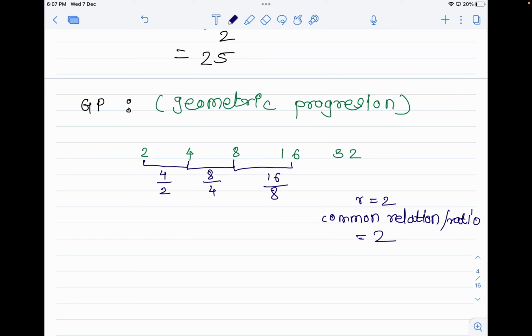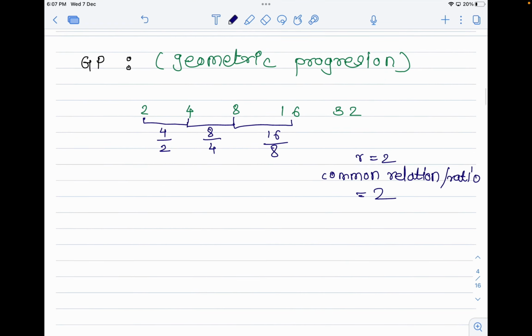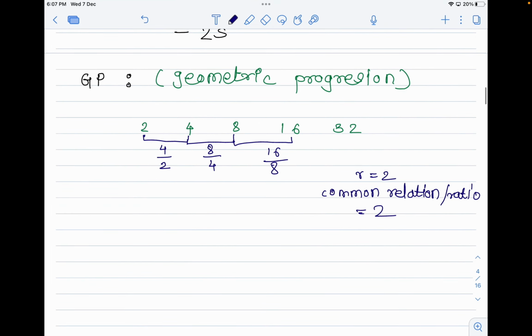And how many numbers are there? So 32, you know how it came, you understood, right? Now just tell me, how can we find the sum of these terms? We can't say there is a common difference, so we can't follow the AP here.